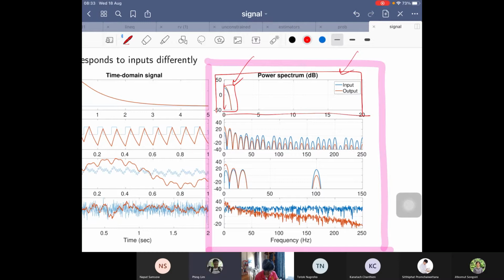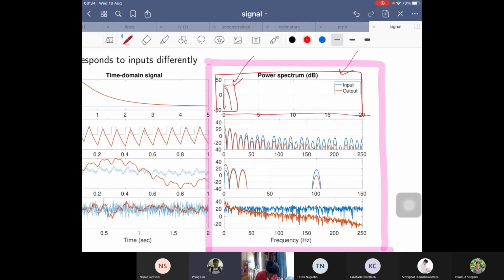The system G is maybe working in the... if the input is in the frequency like that and the output is just a constant something again.